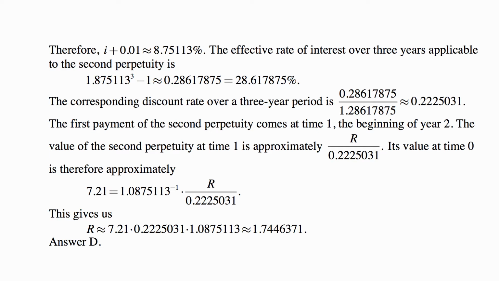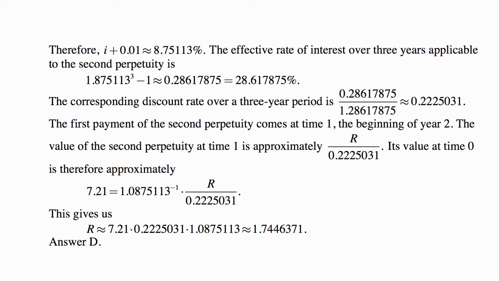The first payment of the second perpetuity comes at time 1, at the beginning of year 2. Now that's intentionally slightly confusing. You see the number 2, you might think that it comes at time 2, but it says that it comes at the beginning of year 2, which is at time 1.